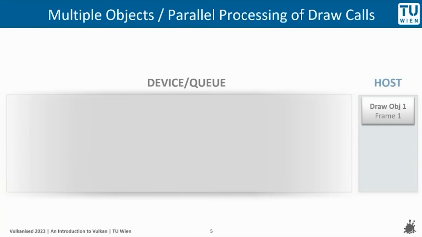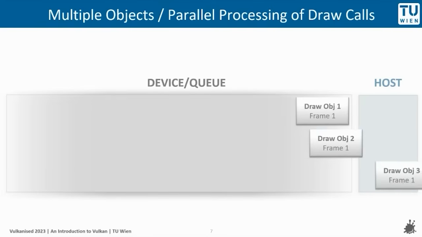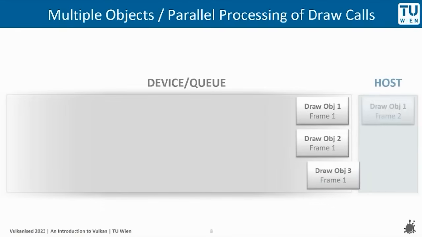We are submitting a draw call for drawing object 1. Let's say we are drawing 3 objects in each frame, so 3 3D models. This is the draw call for object 1 in frame 1. We submit it to the queue, and we also submit a draw call for drawing object 2 to the queue, and the same for object 3. And again, we are dealing with a massively parallel processor or chip.